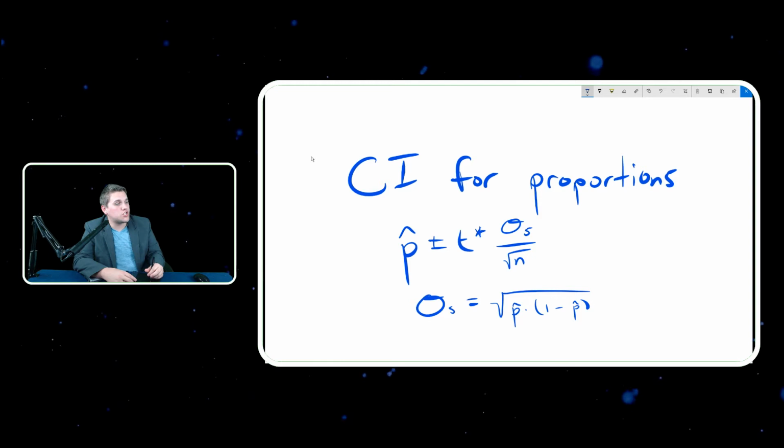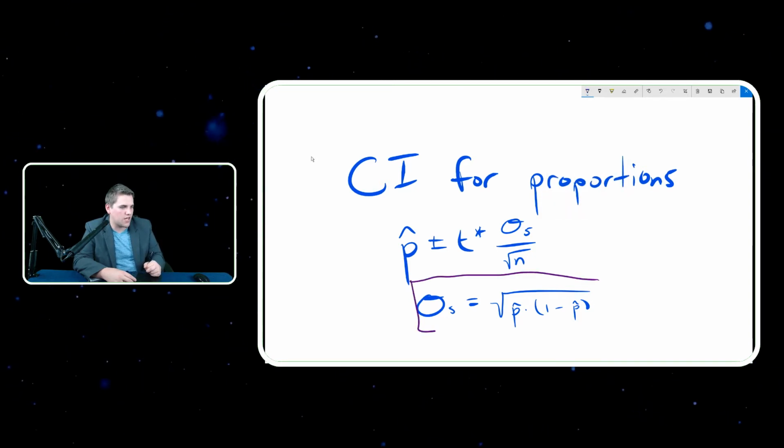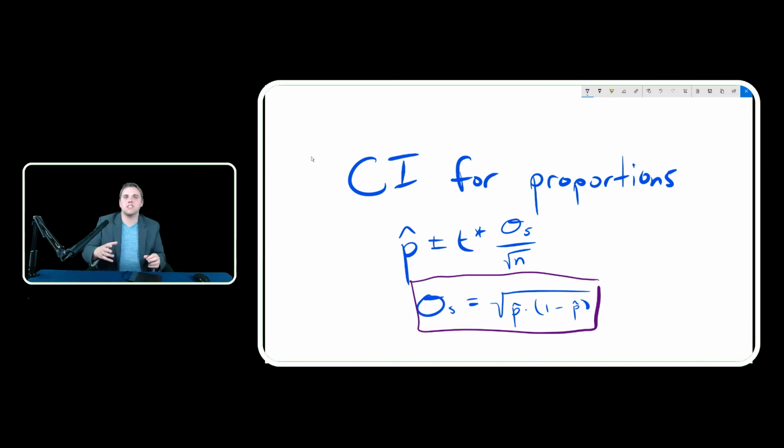Now, I do want to mention a lot of textbooks will actually talk about this a little bit more in detail, this guy right here. Because in some cases, if your sample size is a little bit too small, or your proportion statistic is a little bit close to the boundaries of 100% or 0%, sometimes this might not work. And so I think the solution to that is to gather enough.